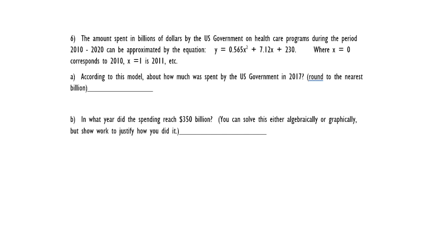And then we have to figure out an appropriate window for this. X is your time, right? It corresponds to the years. So this went from 2010, which would be an X value of 0, to 2011, and I'm looking to predict 2017. That would be an X value of 7.